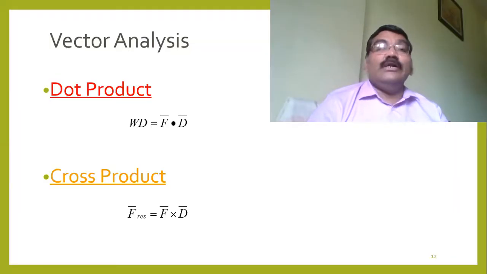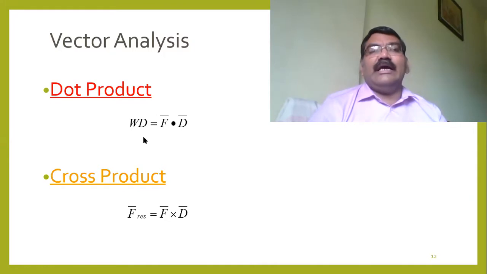So what are these two examples explaining to us? These two examples are explaining that to solve any engineering problem, there are two simple examples. I have taken the same parameter analogy, work done, force into displacement.